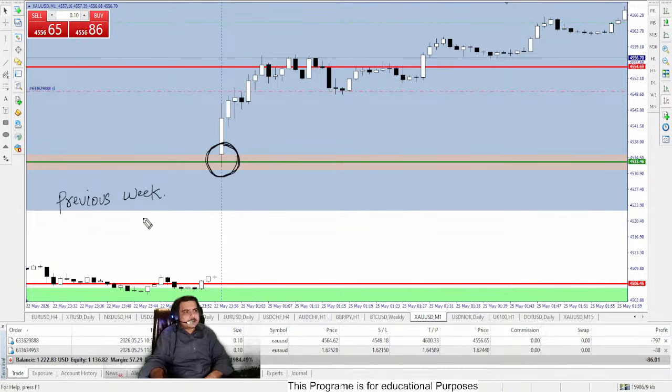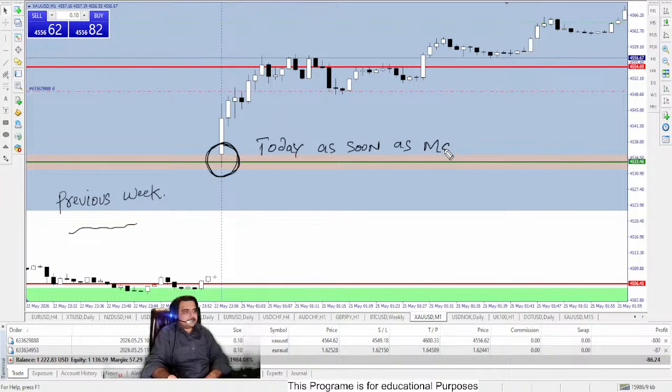This is the previous week stuff and this is today. As soon as the market opens, what is this? Where did these bulls come from? Why?